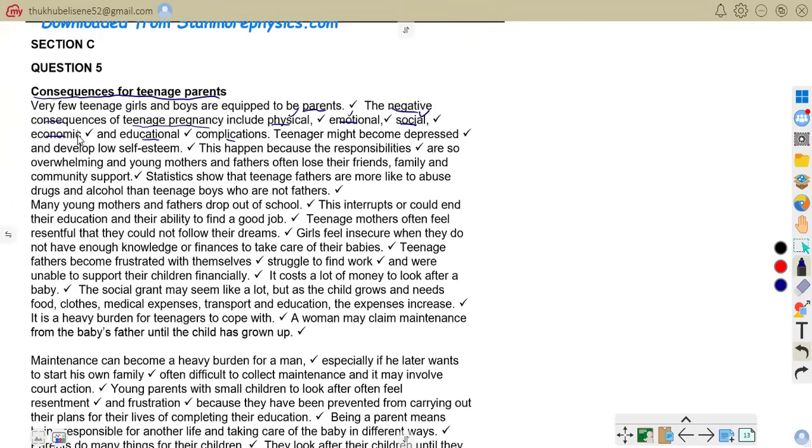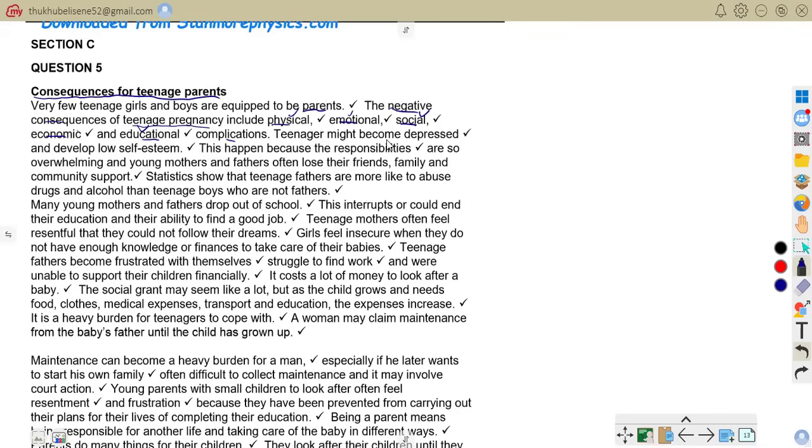Then the economic, it is expensive to raise a child. Parents may struggle financially. And educational is one of the negative consequences. Many drop out of school, affecting their future careers. So that is that. We need to talk about the negative consequences of teenage pregnancies.